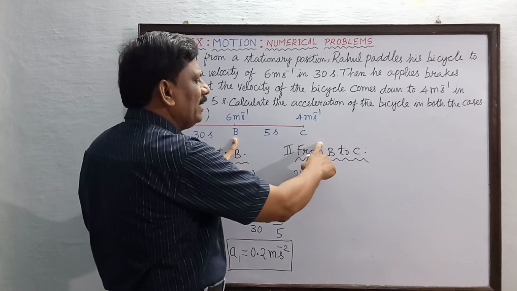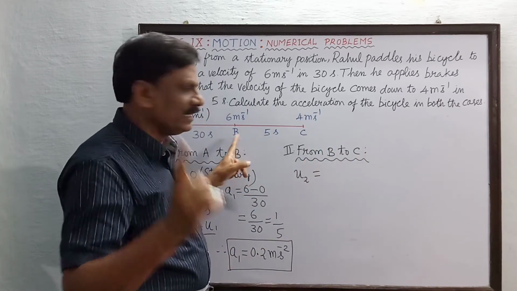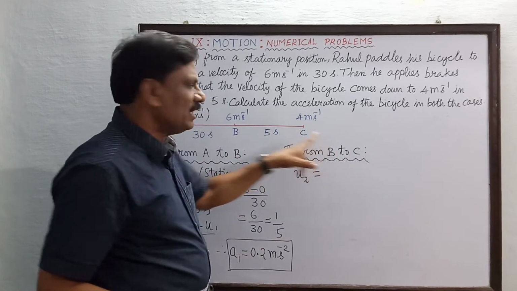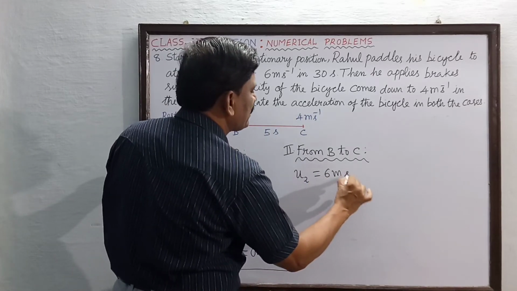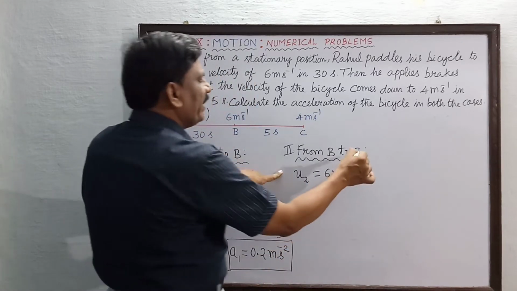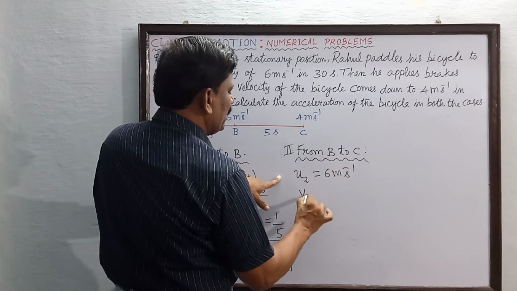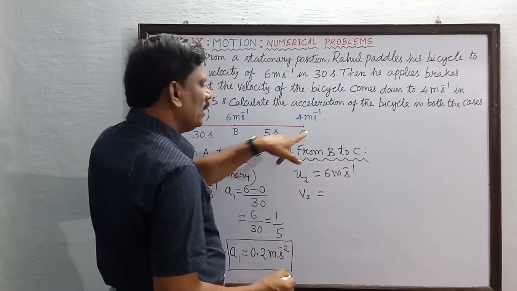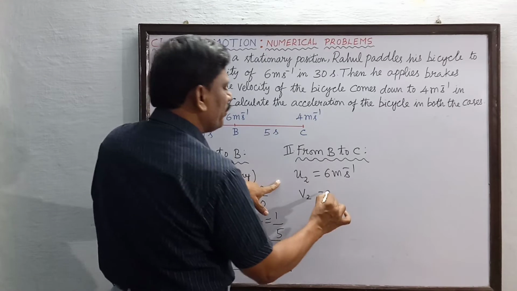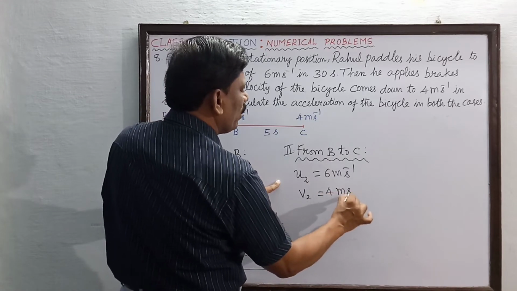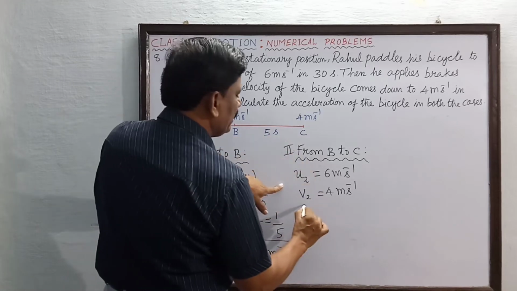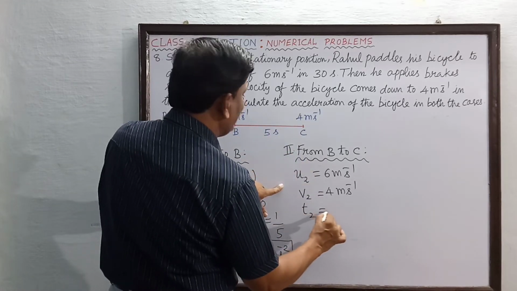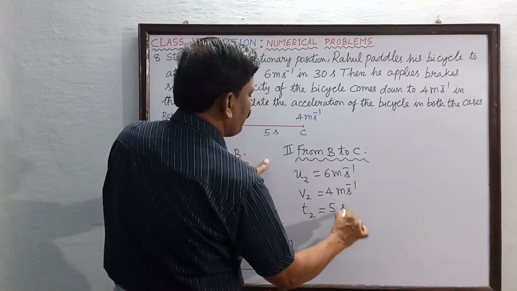B is the initial point and the velocity at B is equal to how much? 6 meters per second. And the final velocity v2 at this point C is equal to 4 meters per second. And this change in velocity takes place in a time t2 equal to 5 seconds.